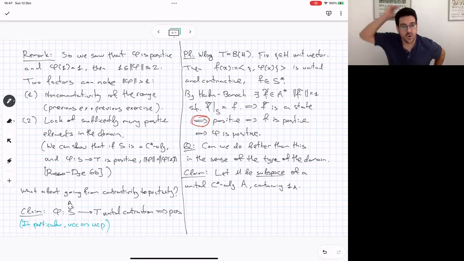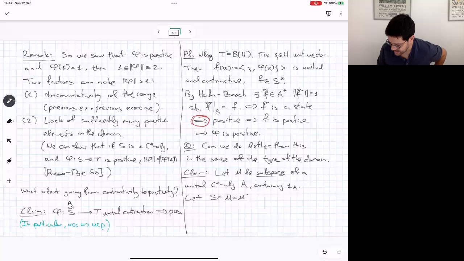These are also called operator spaces. Okay. Let S be M plus M star. So S is an operator system, of course.